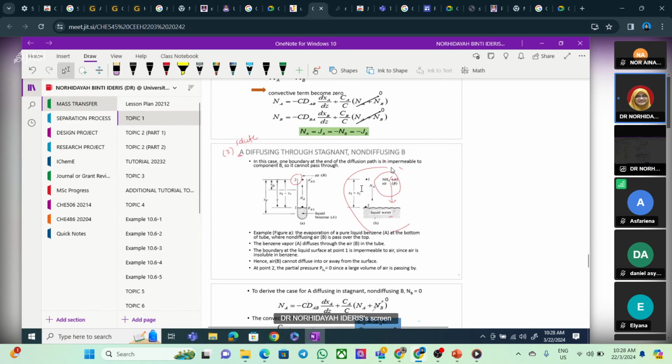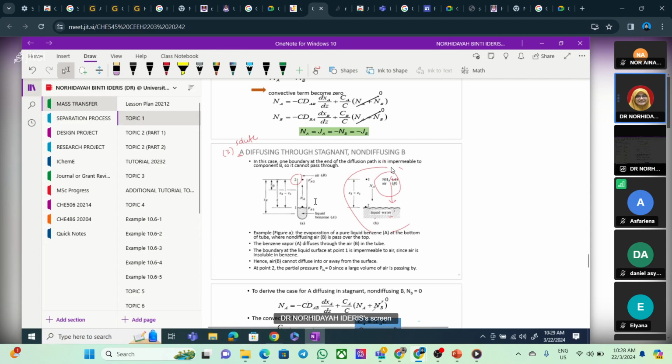So this is the second case of diffusing through a stagnant non-diffusing B. So whenever you receive a question, the first thing is that you need to understand the phenomena, and since the question uses the labels NA, DAB, negative DAB, you need to know how to label which component as A and which component as B. And I think that's also a skill, so that kita tak adalah terbalik, tertukar buat kiraan dan sebagainya.